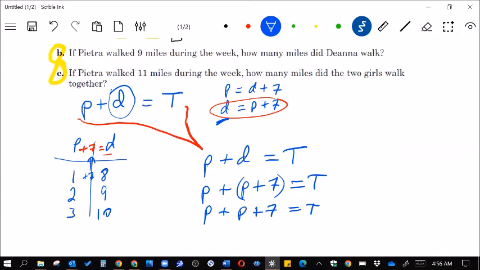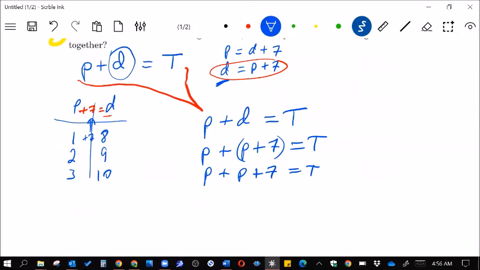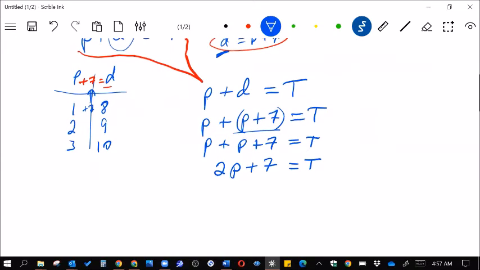I just did it to show everyone that this is first together, but then it doesn't need to be afterwards. Then we can put the p's together, and what we have is an equation. Usually we put the result on the left side. So to get the total, we would do double whatever Pietra's amount was, plus 7.